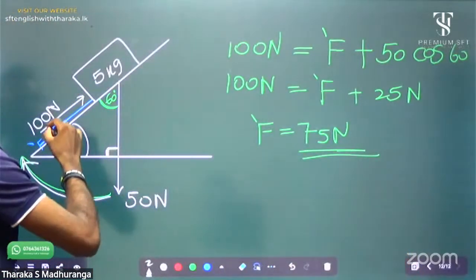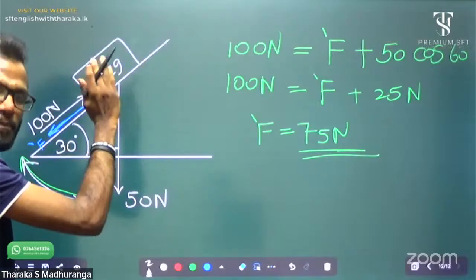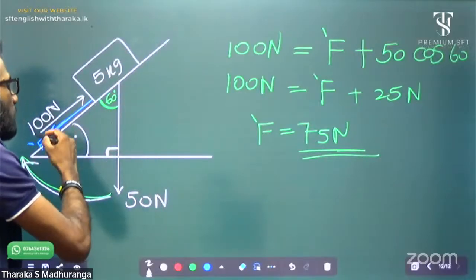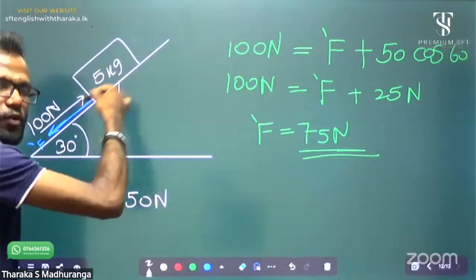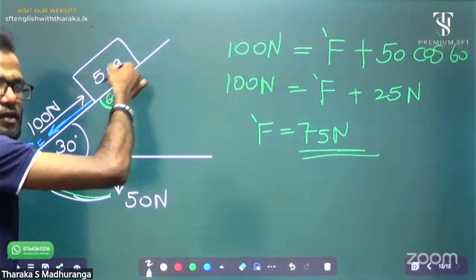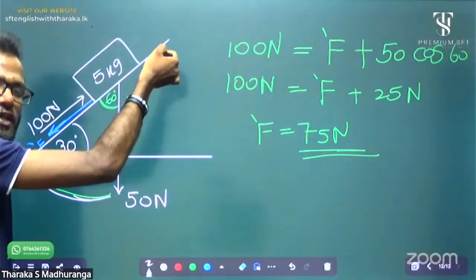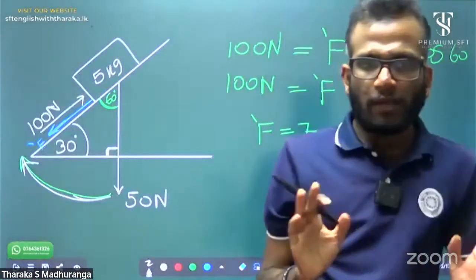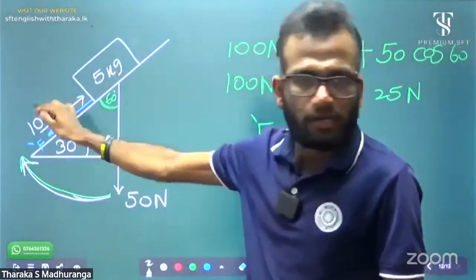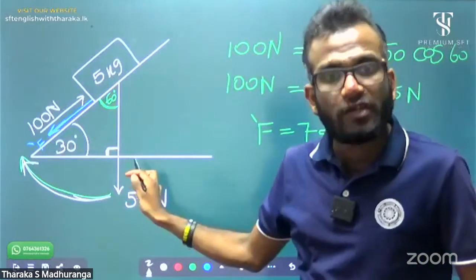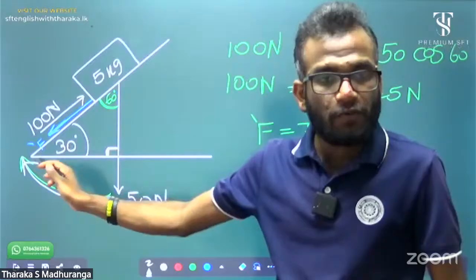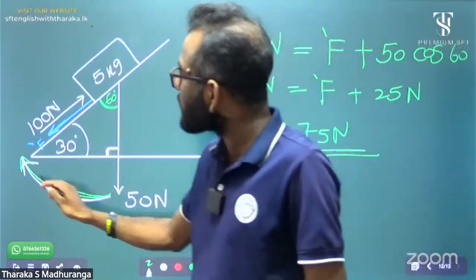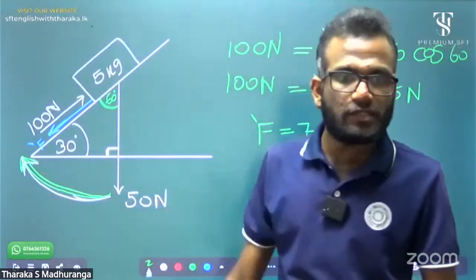If it is at rest, that means balanced, no? If it is balanced, along the plane the upward forces should equal the downward forces. That's the theory. Into upward, it's only 100 Newton. But into downward, two forces: the friction force and the force component coming from the weight.